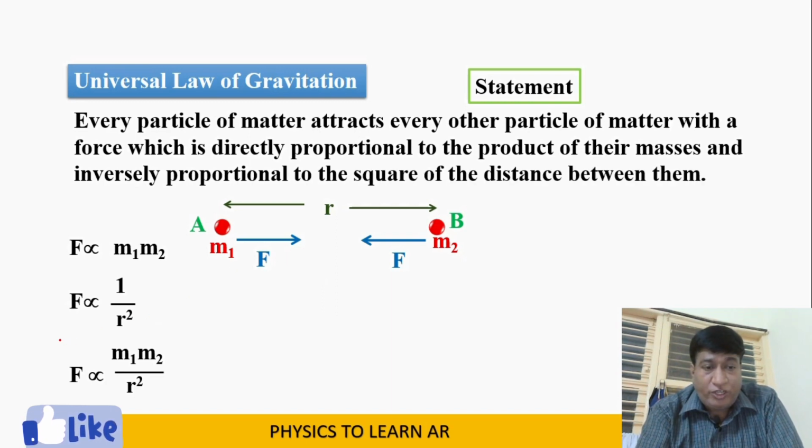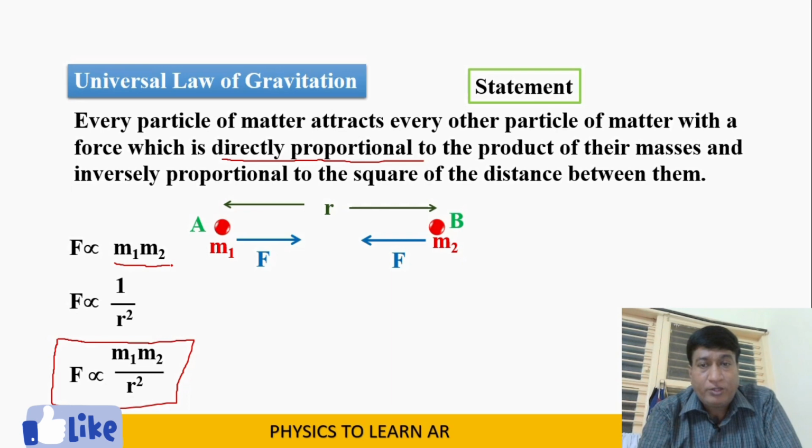Using this equation, we can state that every particle of matter attracts every other particle of matter with a force which is directly proportional to the product of their masses, product meaning multiplication, and inversely proportional to the square of the distance between them.